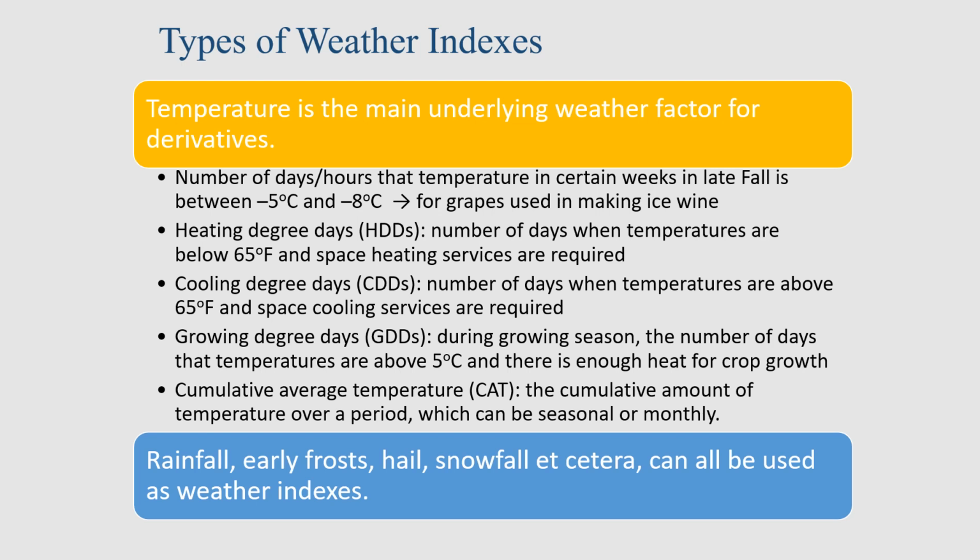Cumulative average temperature is the cumulative amount of temperature over a period, which can be seasonal or monthly. Rainfall, early frost, hail, snowfall, and other types of weather can be used as weather indexes.